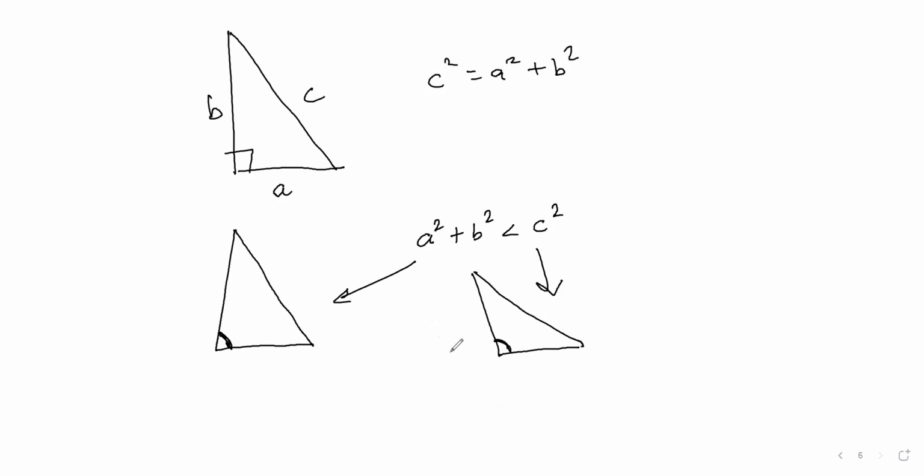We know that if A square plus B square is equal to C square, then it is a 90-degree angle. So what happens if A square plus B square is not equal to C square? It's lesser than C square. So does that mean an acute angle is formed, or an obtuse angle? Yeah. So like that, they'll play around.